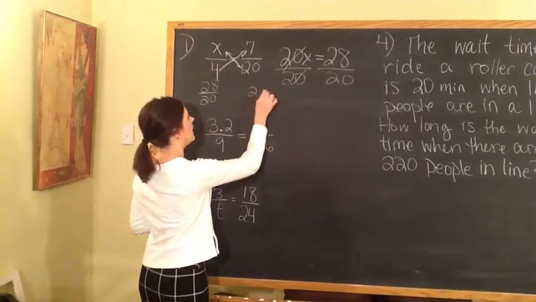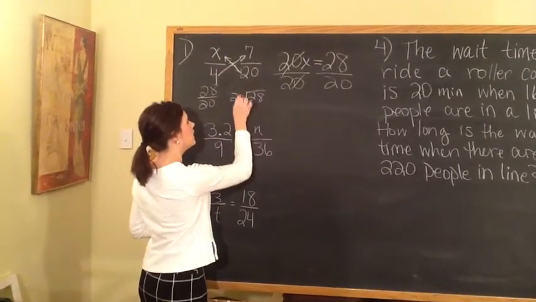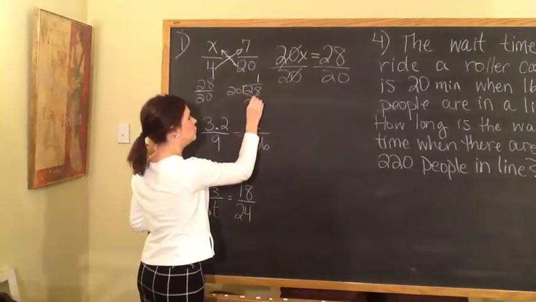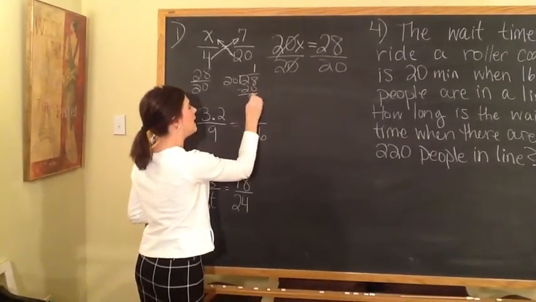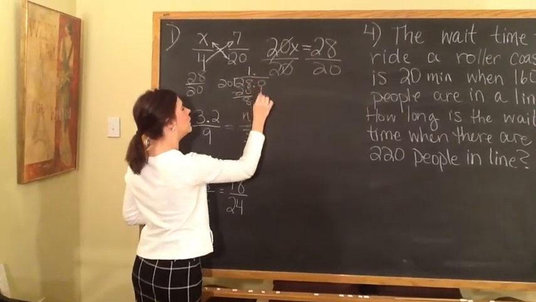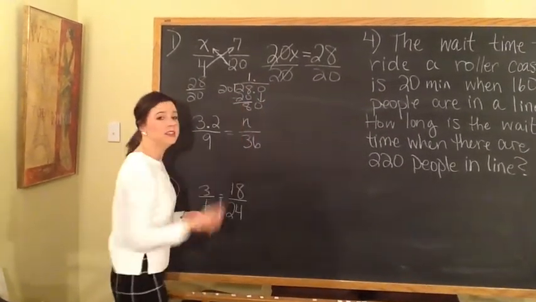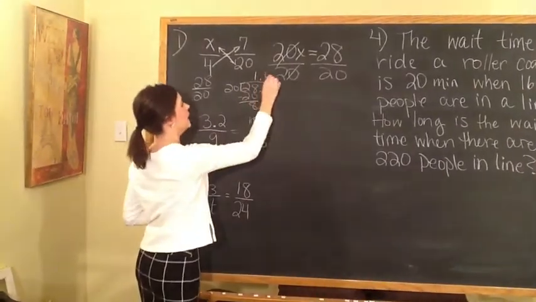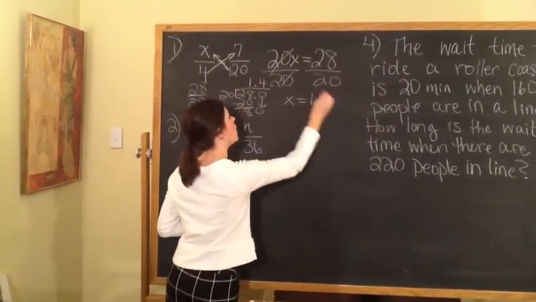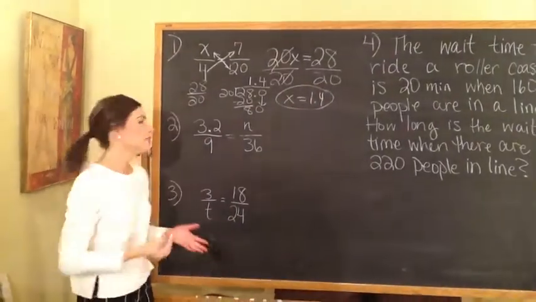So we're going to do 28 divided by 20. 20 goes into 28 obviously one time. So 1 times 20 gives you 20. We subtract and we get 8. So now let's make it a decimal. Add a 0 and bring down our 0. How many times does 20 go into 80? It goes in 4 times. So that means x is equal to 1.4 or 1 4/10.